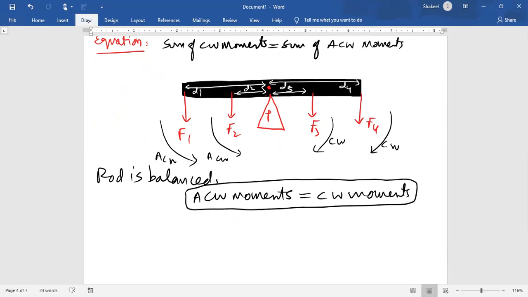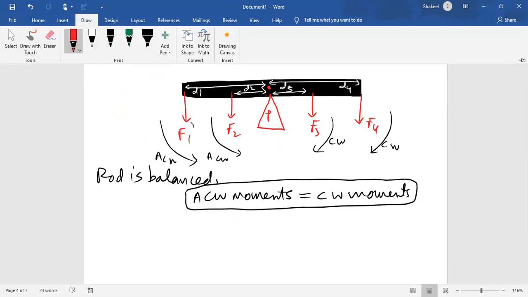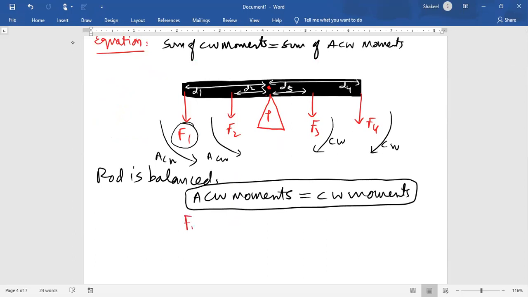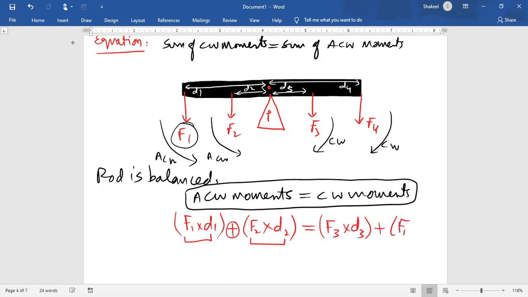So now you will be applying the equation F1 into its distance D1. So F1 into D1, this is moment due to F1, plus F2 into D2, this is moment due to F2, because it says sum of the moments. So this is F1 moment, this is F2 moment. So you add their moments is equal to sum of clockwise moments. So this is F3 moment and this is F4 moment.